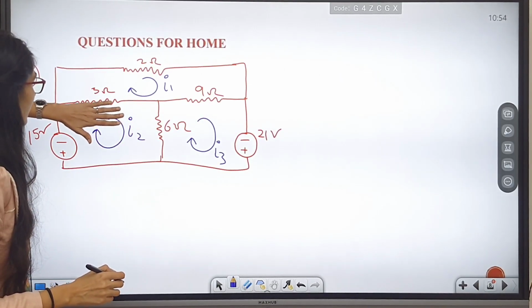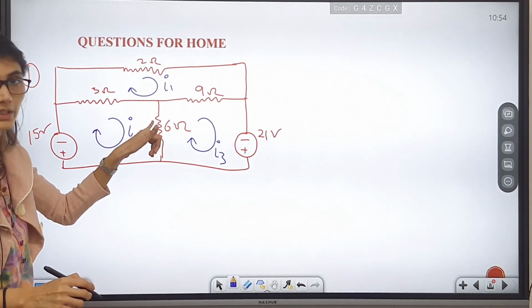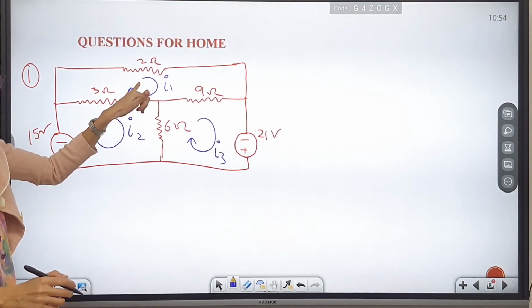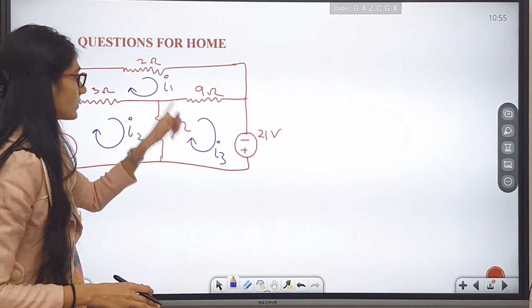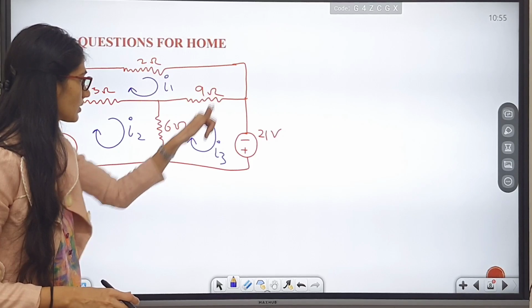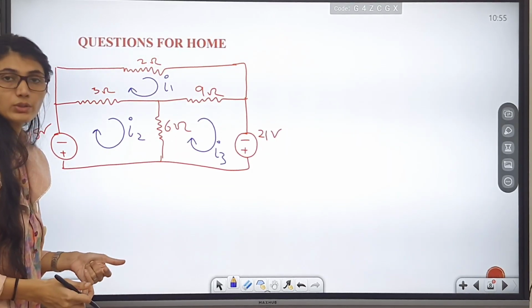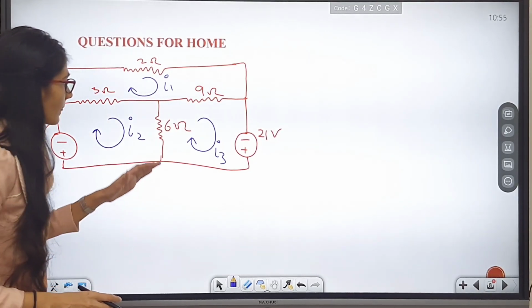You have to take the current through the 3 ohm, the 9 ohm, and the 6 ohm very carefully. If you're taking I1 greater than I2, it is I1 minus I2. If I1 is also greater than I3, then I1 minus I3 for this resistance. And for this one, you will be comparing I2 and I3. You can take I2 minus I3 or I3 minus I2, that's your convenience.